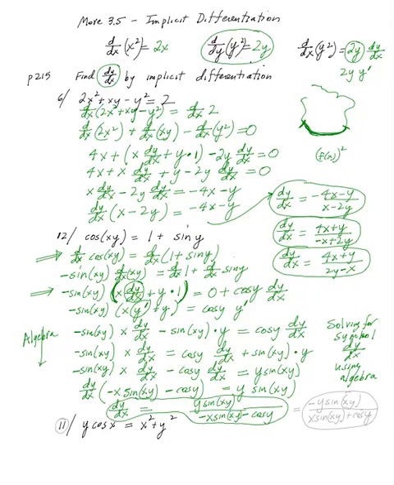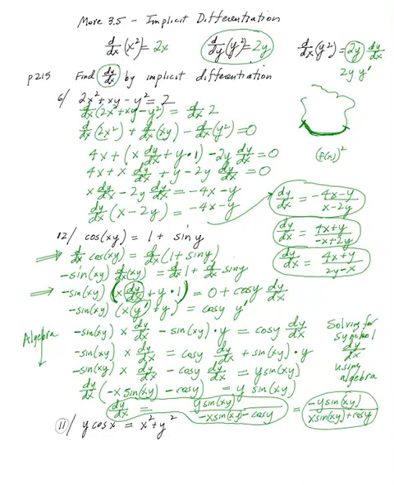This is my answer. That could be written as negative y sine xy over x sine xy plus cosine y. There might be a temptation to cancel. Remember, you can't cancel unless you factor. You can't cancel here.